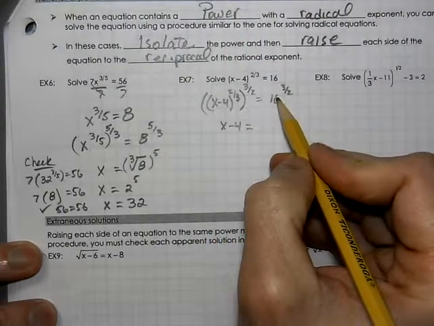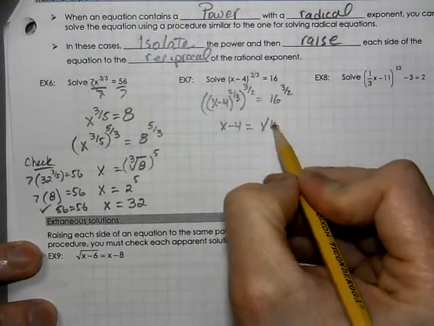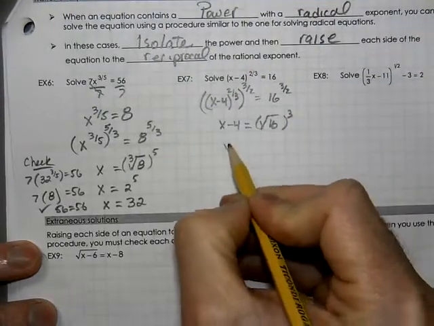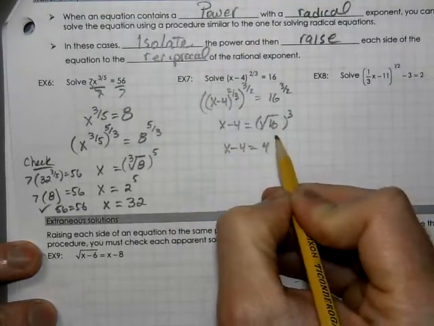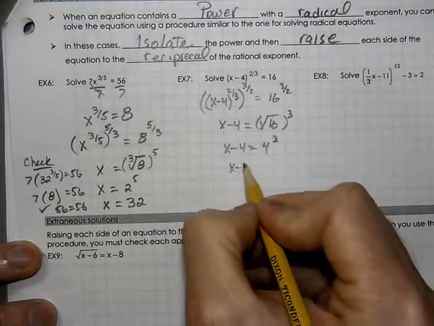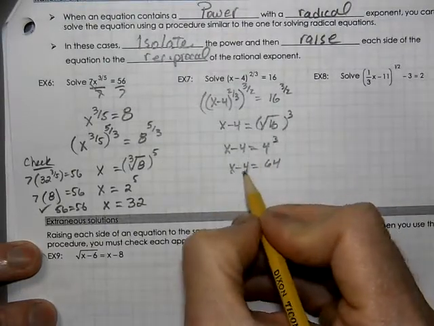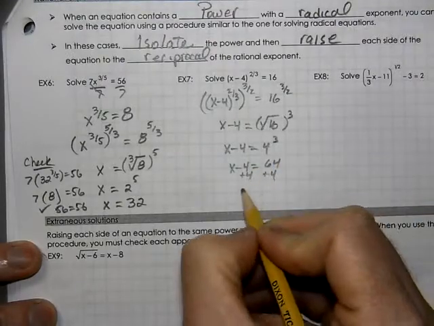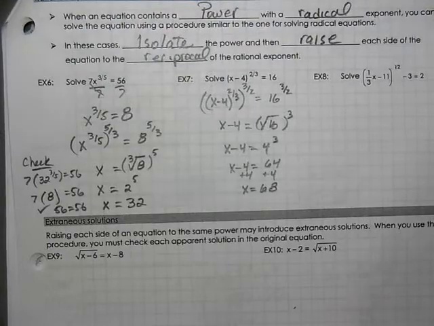And on this side, this is the square root of 16 cubed. The square root is 4, and 4 cubed is 64. Then we add 4 to both sides. We get 68.